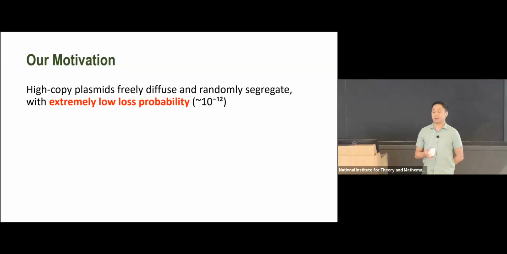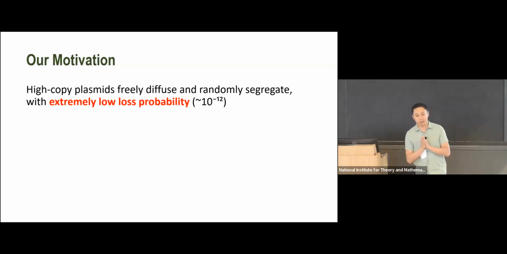And therefore, plasmids with high copy number would have a low probability of a plasmid not being segregated to one of the daughter cells, or being lost, for instance.